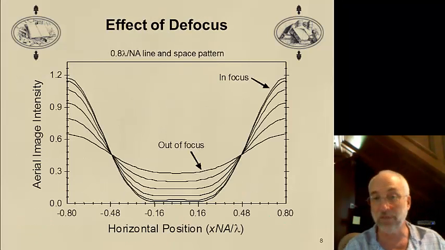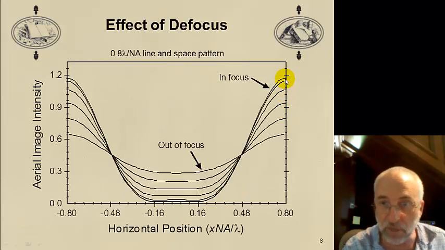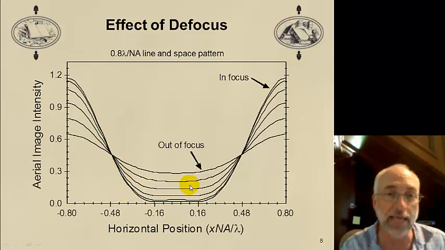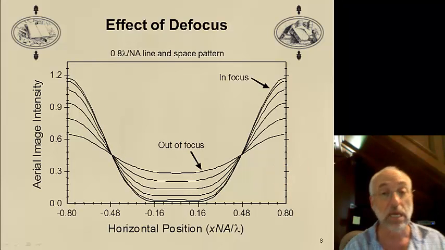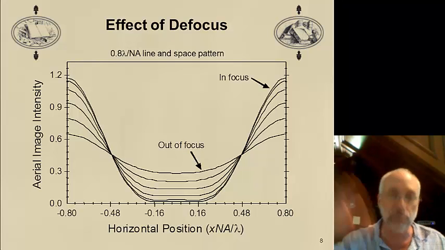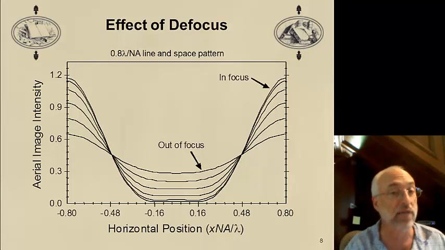Here's a graph of what those images look like. When I'm in focus, I have the highest intensity in the regions of the space. I have the lowest intensity in the regions of the line, and the steepest slope near the edge. So line, space, repeating and repeating. Now, as I go out of focus, this modulation, this variation from bright to dark, gets less and less.